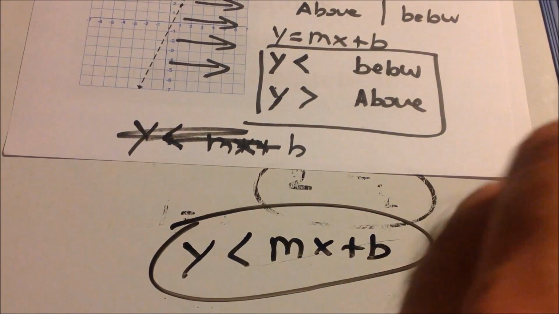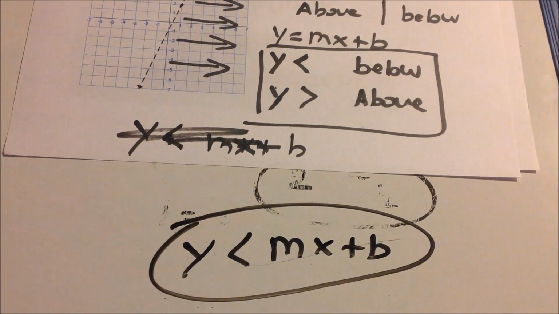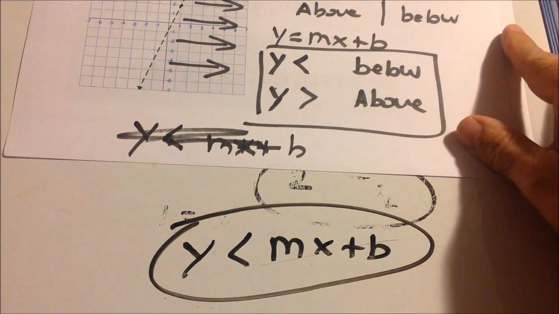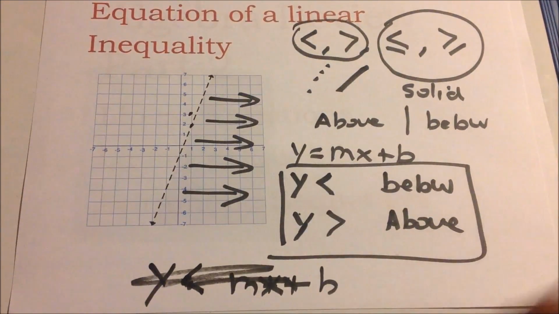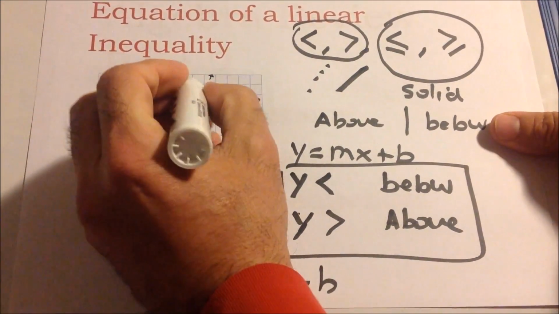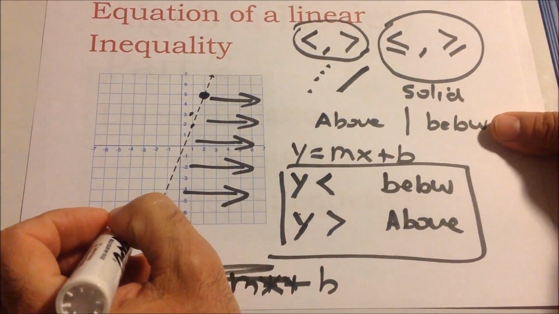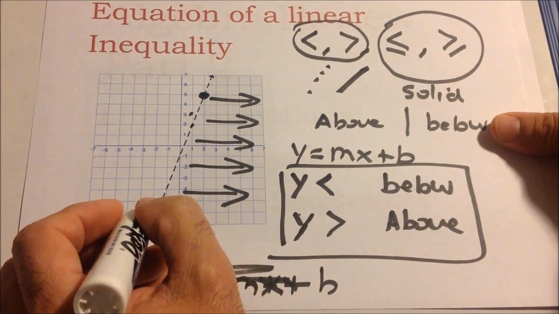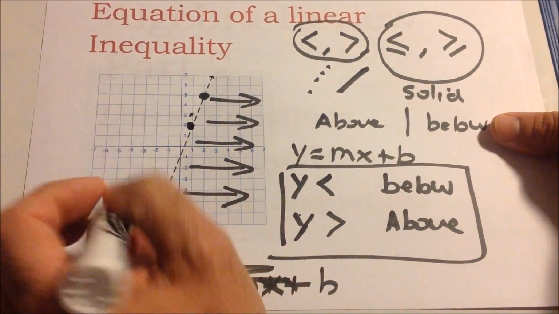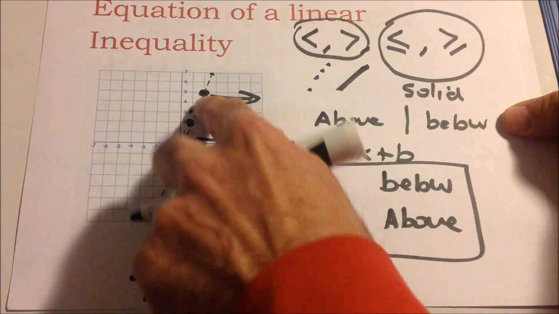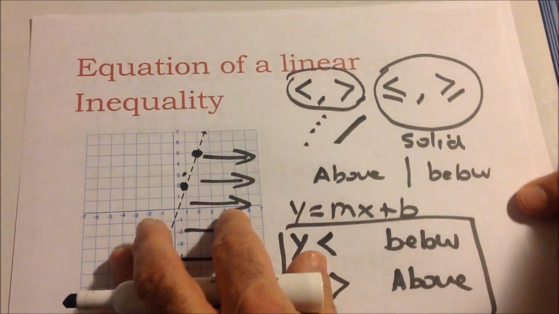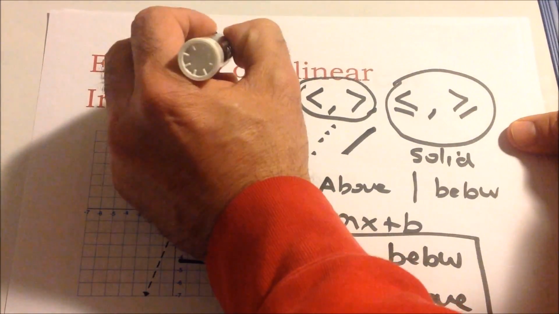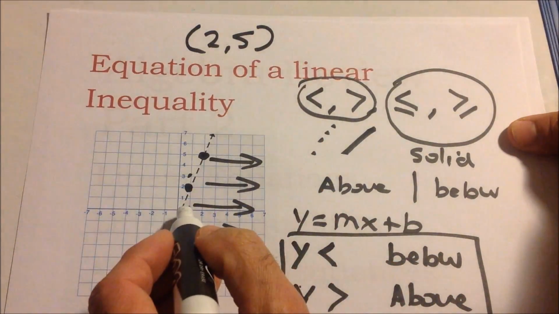Now, let's try to find what they are. Same way we did linear equations. We need to find some points on this line. Okay, and we know it's not included. So look for something that's right on the line. Here's a point right there. And let's see what else we have. We have one right here. So we have 2, 5. Write this over here. Here's our points: 2, 5 and 1, 2.